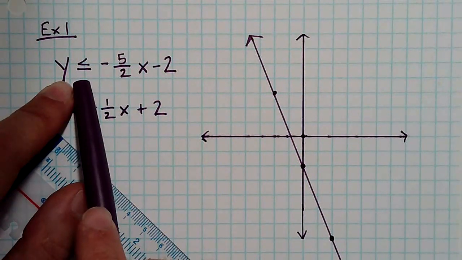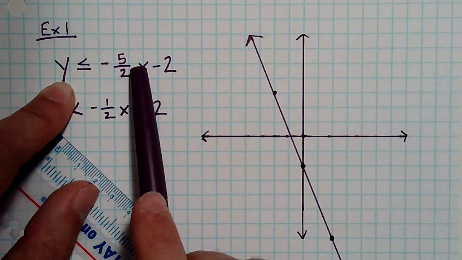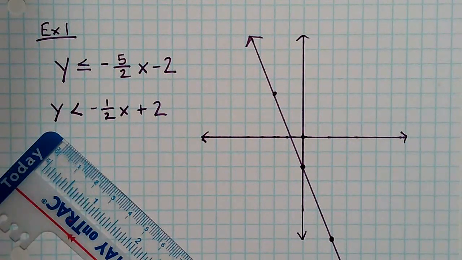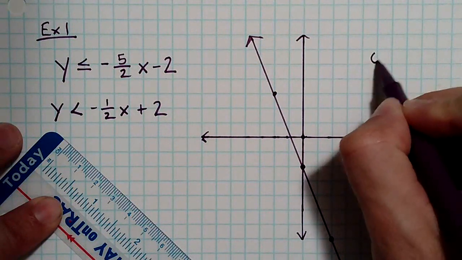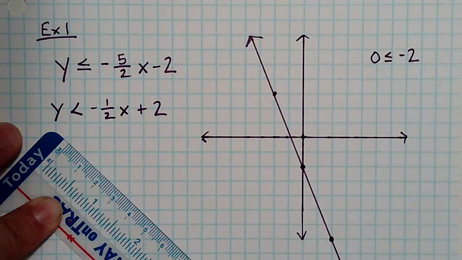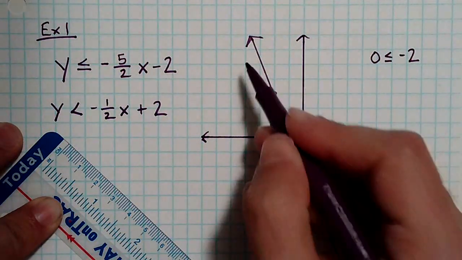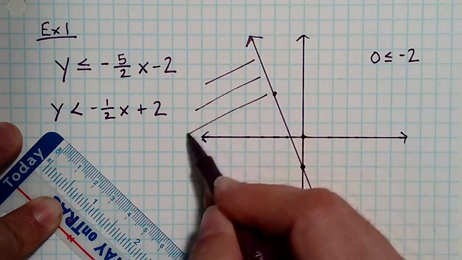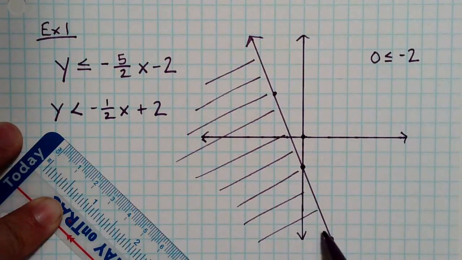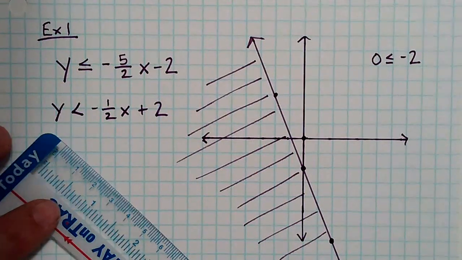Is 0 less than or equal to -5/2 times 0, minus 2, which is -2? No, it's not. This is not a solution, so I shade the other side. That's my first inequality.